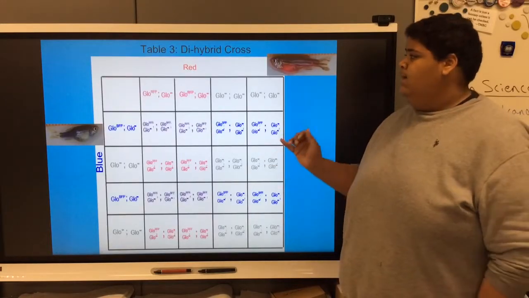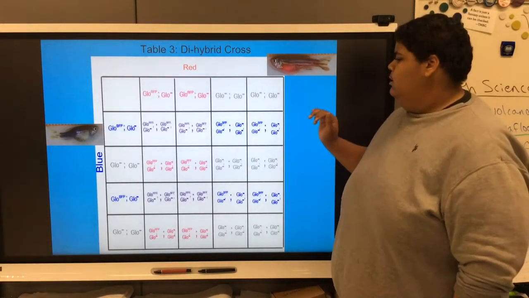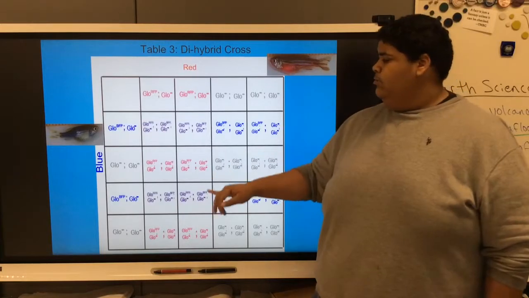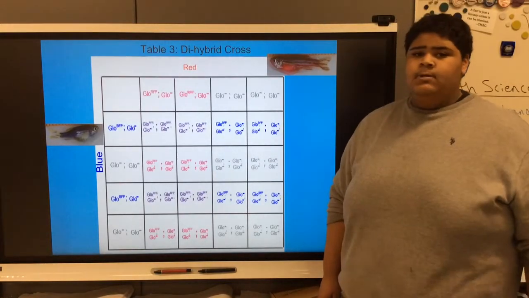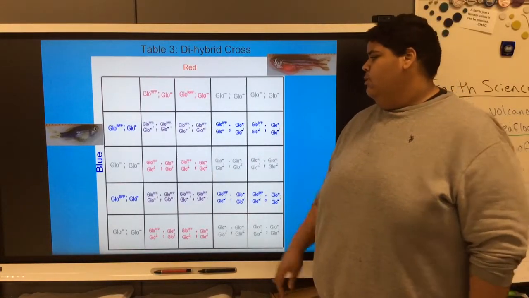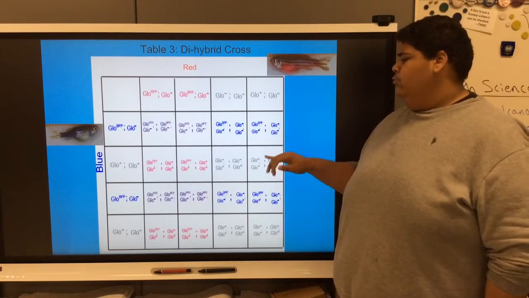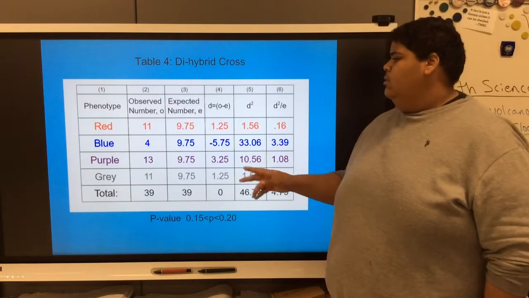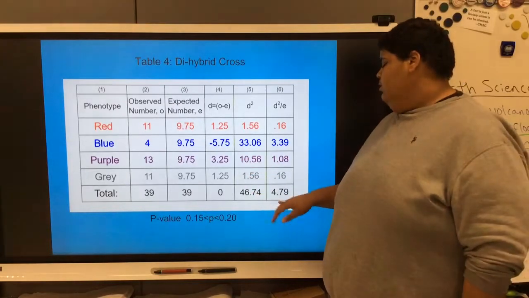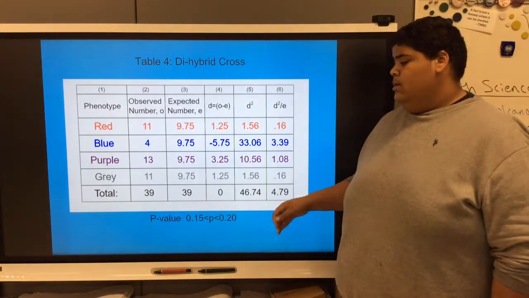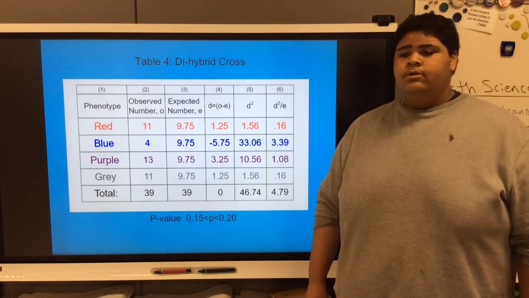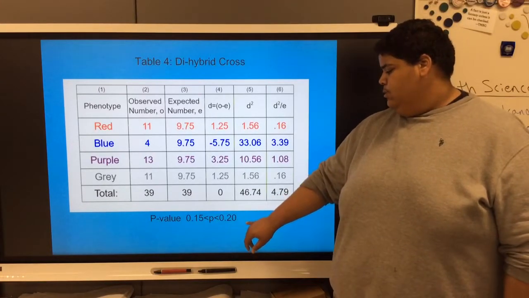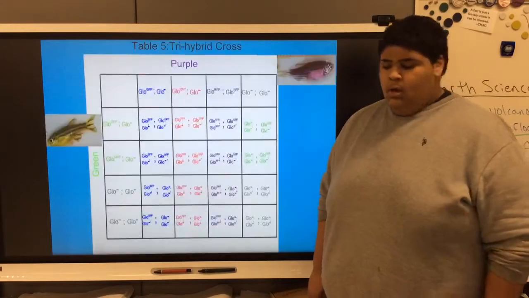And this is my dihybrid cross. I crossed a red male with a blue female, and I got 25% for all colors: purple, blue, red, and gray. This is the chi-square, and looking at the observed and expected, I got the chi value, and using the chi table, I got a 15 to 20% probability.